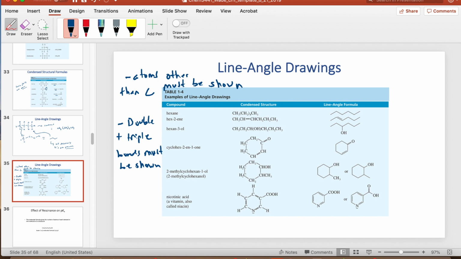Now, another important thing that goes with this, and the reason we covered line drawings so that we can draw these effectively, is that we've talked about resonance, but there's something else we need to talk about, and that is something called pKa.